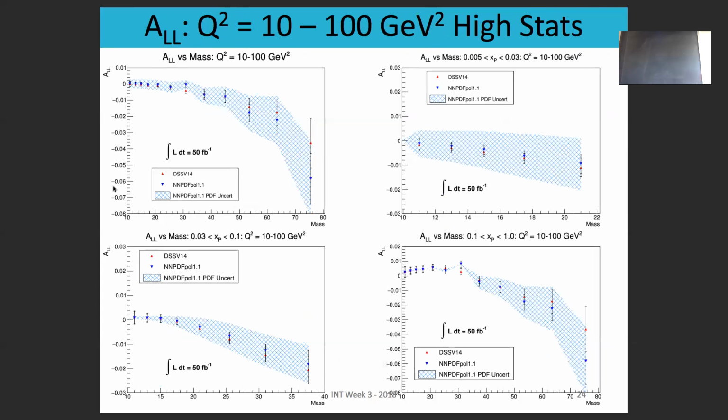And so maybe the takeaway here is, these blue bands kind of represent our current knowledge on the polarized PDFs. Of course, the inclusive measurements from an EIC will greatly shrink these bands as well.